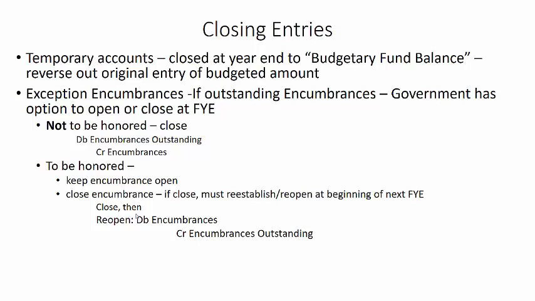If, though, the government selects to still honor them, but close the encumbrance, we would close it at the end of our fiscal year and reopen it at the beginning of the next year. So here's our journal entry for closing it. So we would close it, and then we would come back in the next year, reopen it.